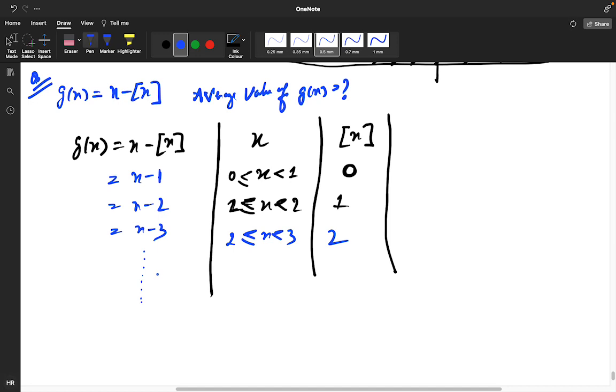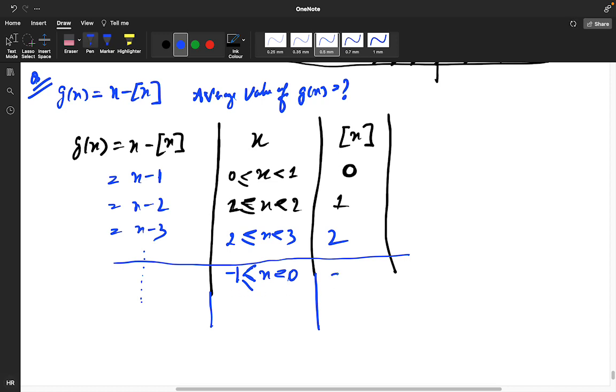And if you look at the negative values, in between minus 1 and 0, which is the greatest integer? Minus 1.